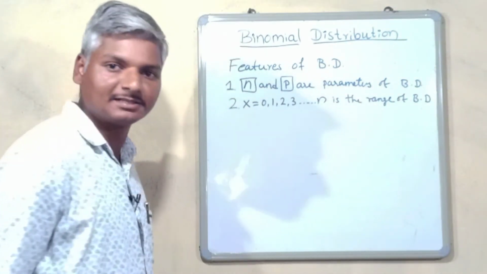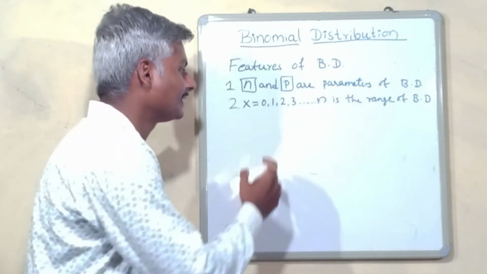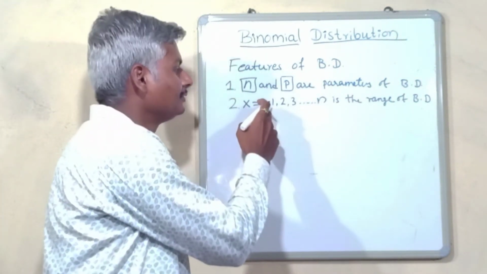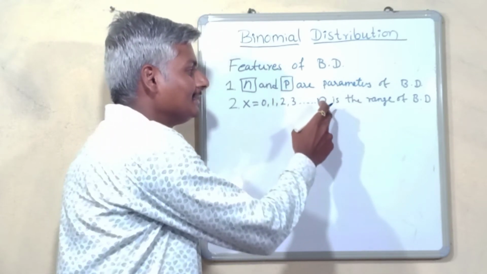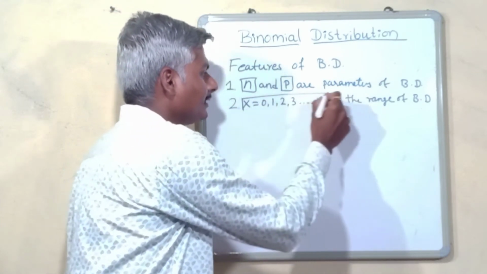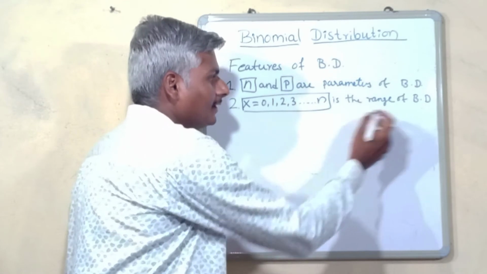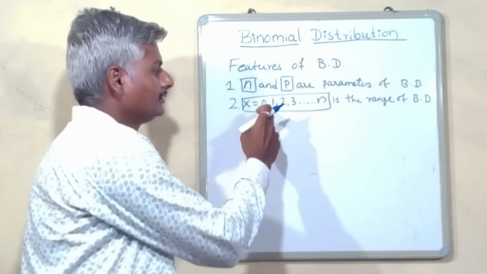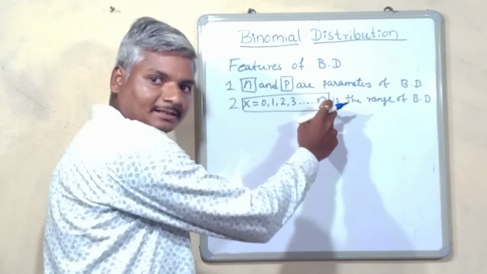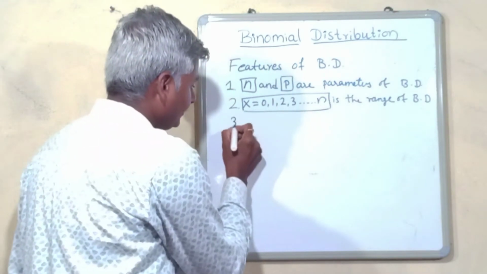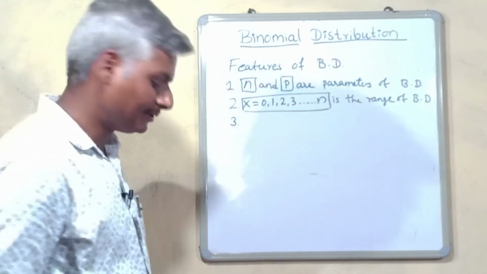So it is a discrete random variable. It takes values 0, 1, 2, 3 till n. That is what the range of a binomial distribution is, 0 to n.